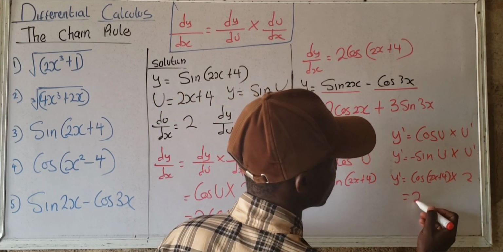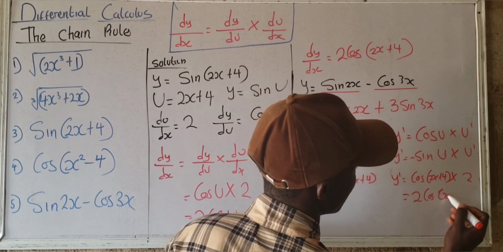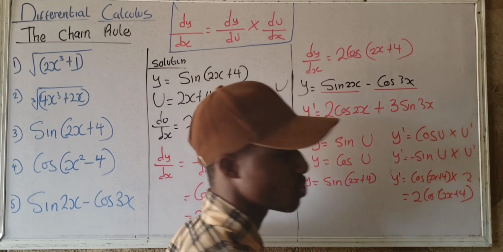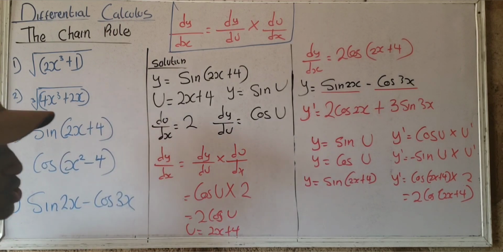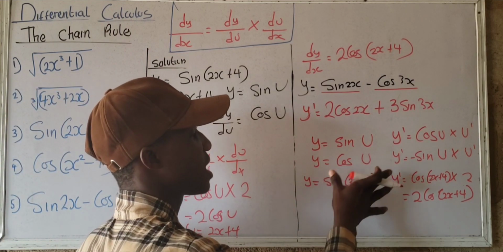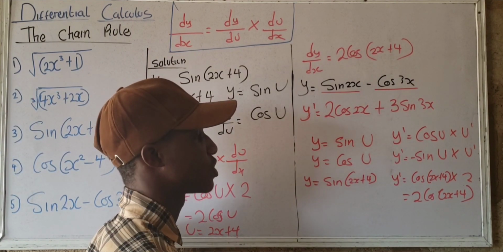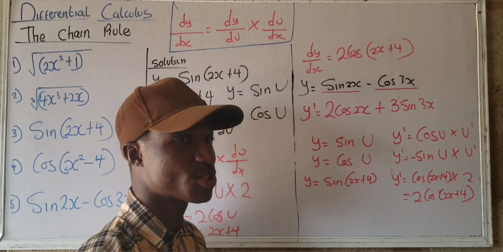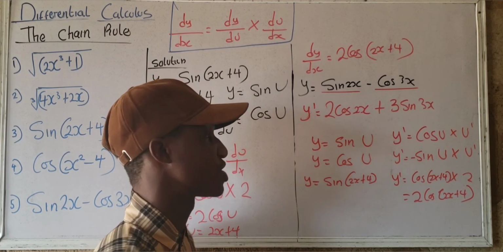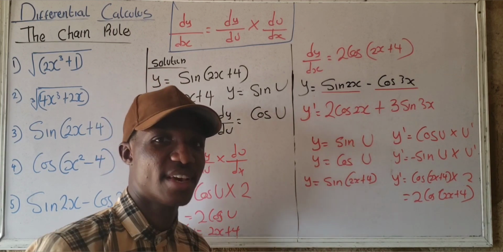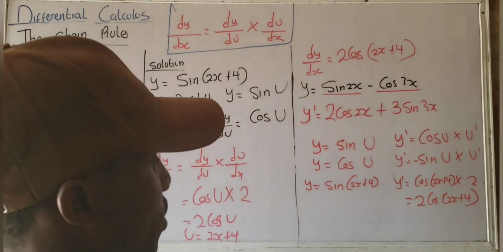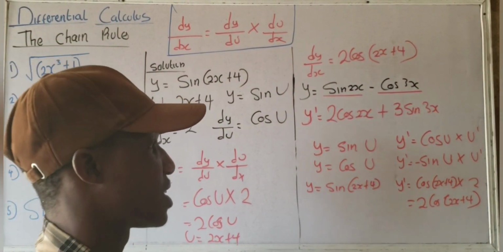So I'm going to have 2 cos of 2x plus 4, which is the same answer that we got when we found the derivative using the chain rule. You can see now. So with this formula, you can easily differentiate a function that is also another function in itself, especially those that involve sine, cos, tan, sec, cosec. Don't worry, by the time we delve into this concept, you are going to understand better, okay?